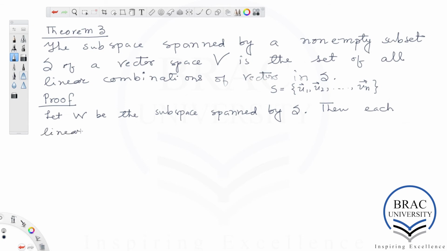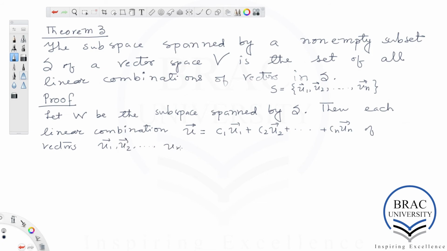Then each linear combination vector u, which is c1 u1 plus c2 u2 plus all the way up to cn un, of the vectors u1, u2 all the way up to un in S, is clearly in W. Why?